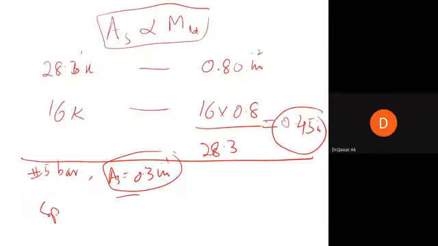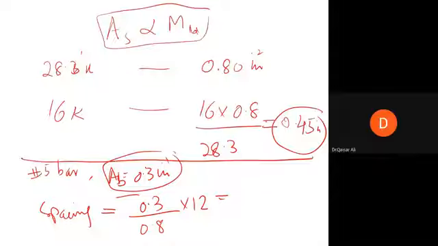So spacing is equal to area of bar divided by area of steel. Area of bar is 0.3 and area of steel is, let's say, 0.8 into 12. So 4.5 inch.